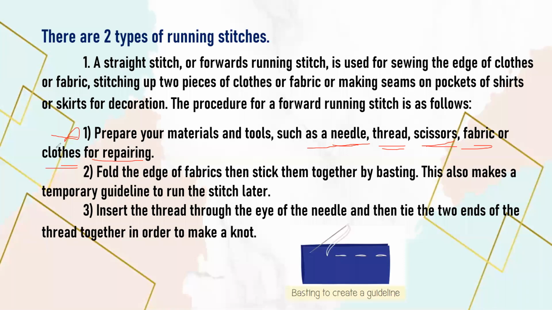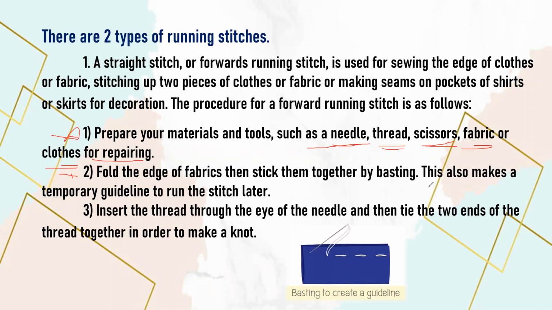Okay, students? Now, number two, what we have to do? We have to fold the edge of the fabrics, then stick them tightly by basting. So the edges of the fabric, we have to fold, right? And then stick them by basting.